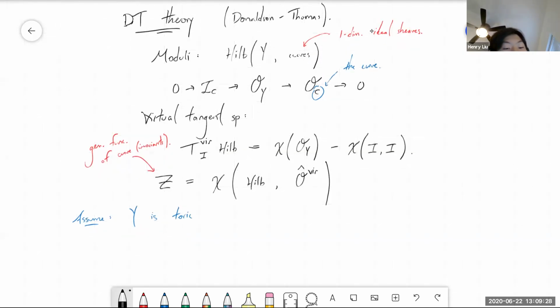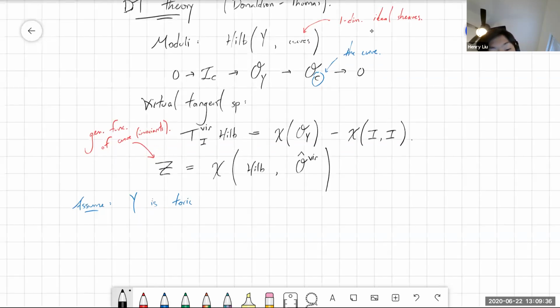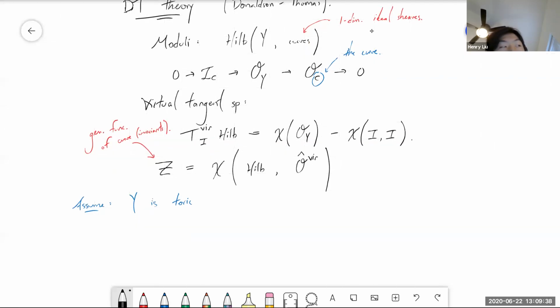And the nice thing when you're toric is that then you have an action by a torus, and you can apply localization, as we hopefully all know. And you can localize all the way down to each torus chart. So instead of thinking about an arbitrary Y, we're going to think about essentially the single building block of the theory, which is the case where your threefold is just C^3.